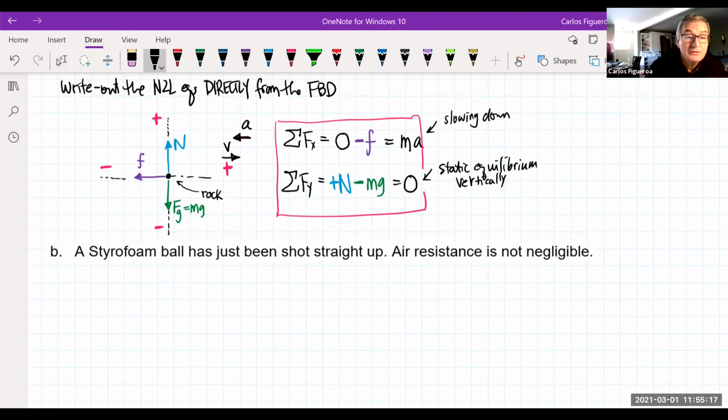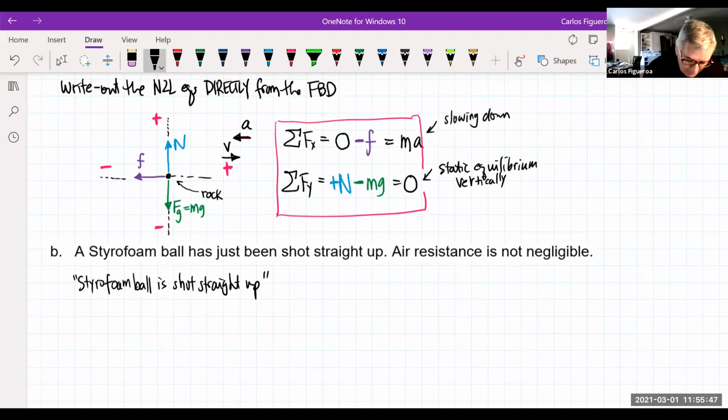So now what are we going to do here? We know that I have a styrofoam ball that is shot straight up.